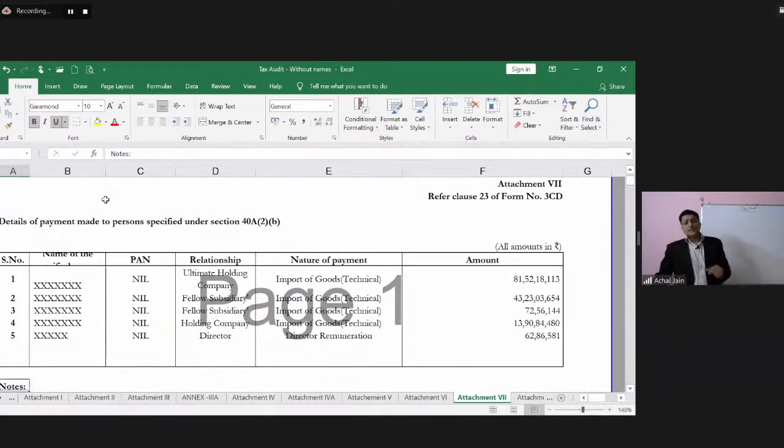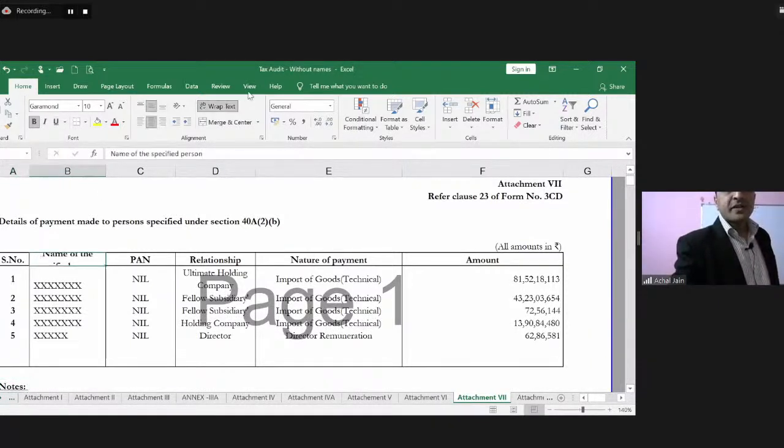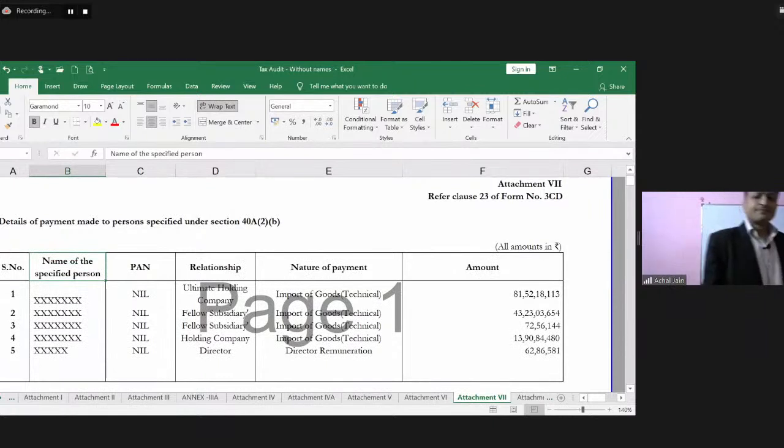These are called specified persons. So if there are any transactions with those specified persons, those are required to be reported over here. Now, who are the specified persons? The criteria for the assessment of specified persons is given as per the Income Tax Act.